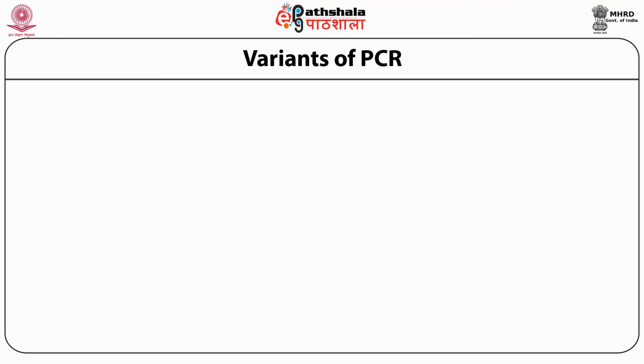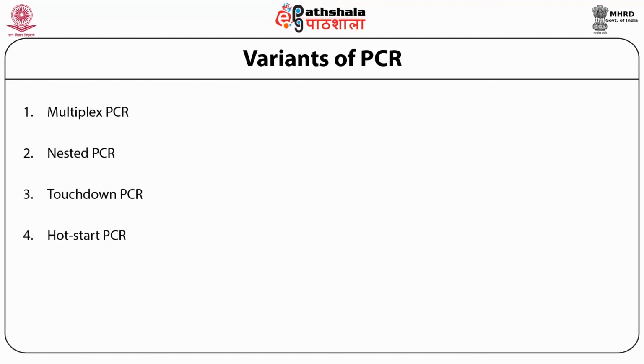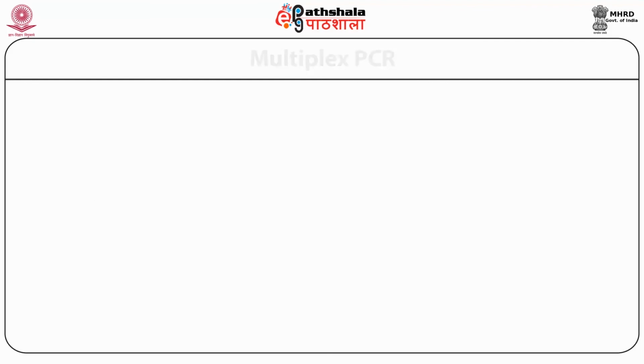With a slight modification of the PCR protocol, a new variant of PCR can be developed to get the desired amplification. In this way, a variety of PCR have been developed, such as Multiplex PCR, Nested PCR, Touchdown PCR, Hot Start PCR, and Asymmetric PCR. In this slide, the concept of Multiplex PCR is explained.